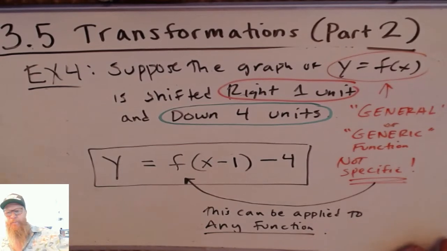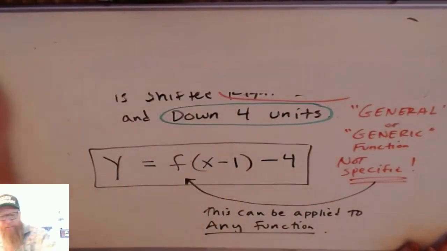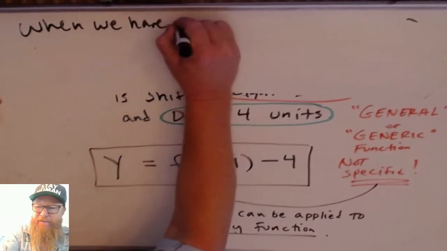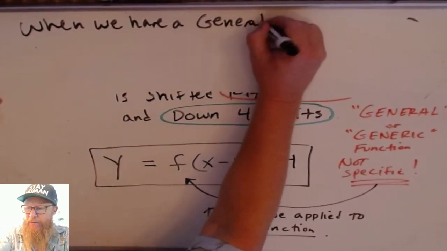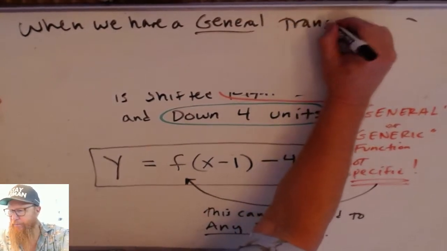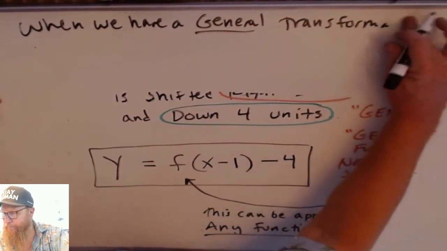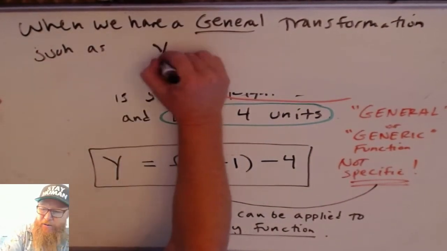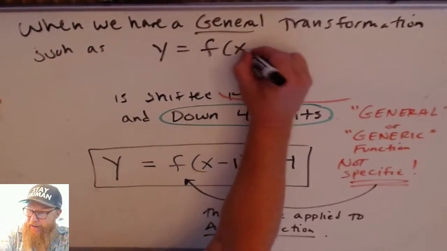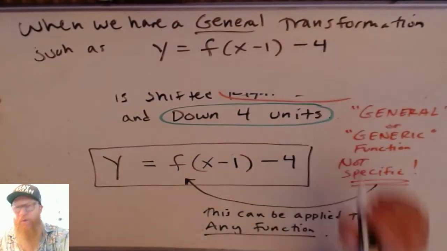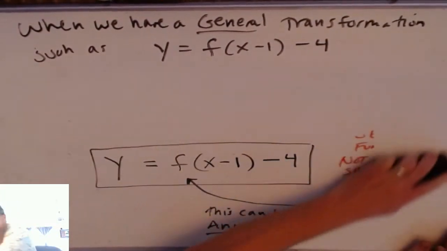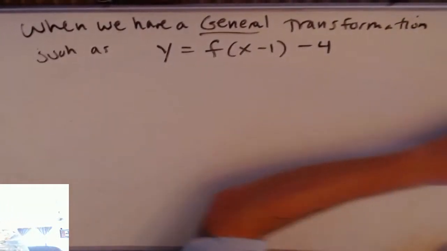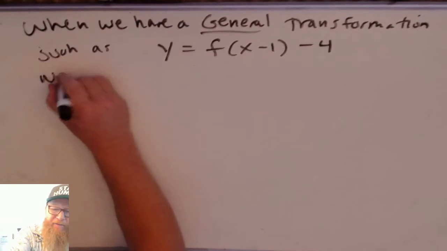Okay. So when we have a general transformation, such as y equals f of x minus 1 minus 4, that's the one we just did, we can apply it to any function.